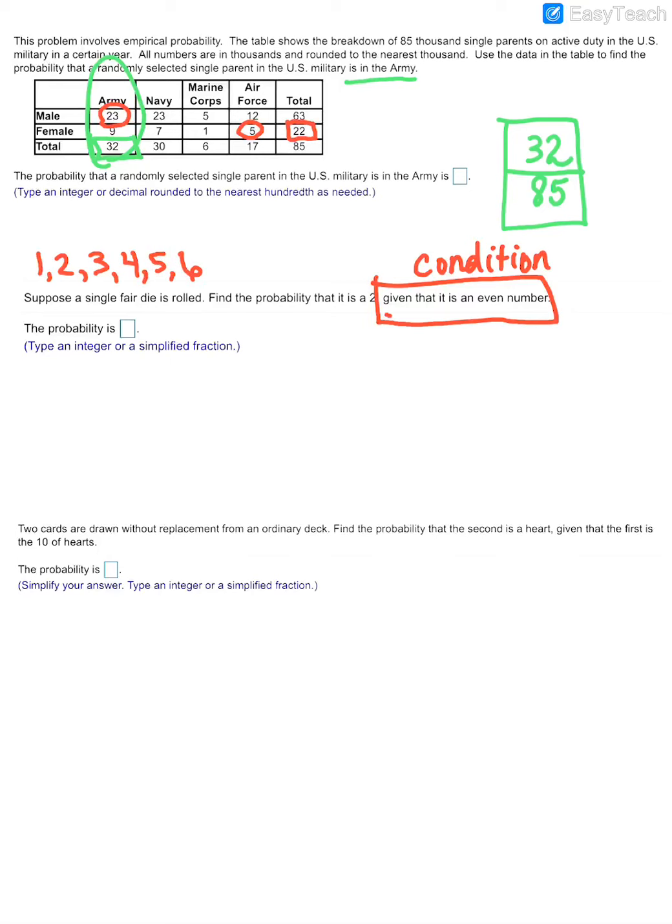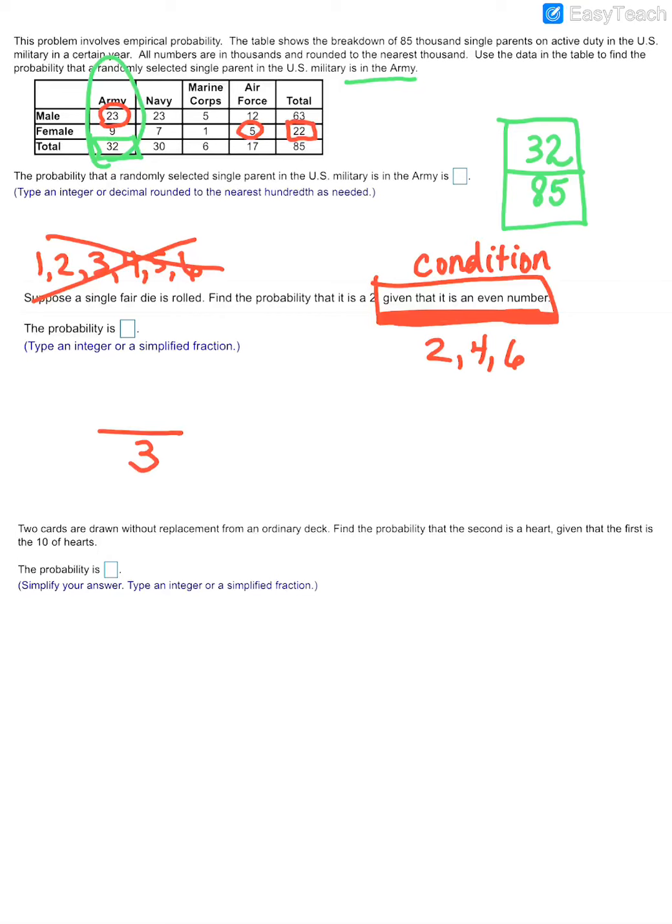As long as we did not have this statement at the end, that would be the case. But when they tell me, given that it is an even number, my sample space would only include the even numbers on a single die, which would be a 2, 4, and 6. So my sample space for this problem are just those 3 numbers.